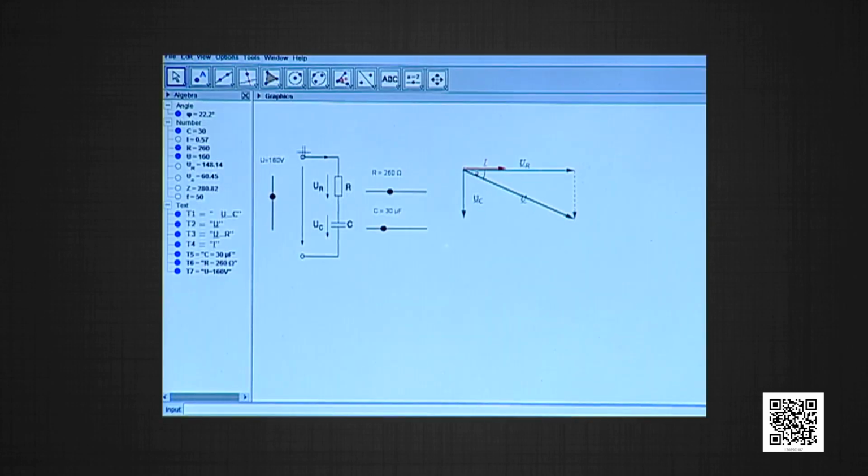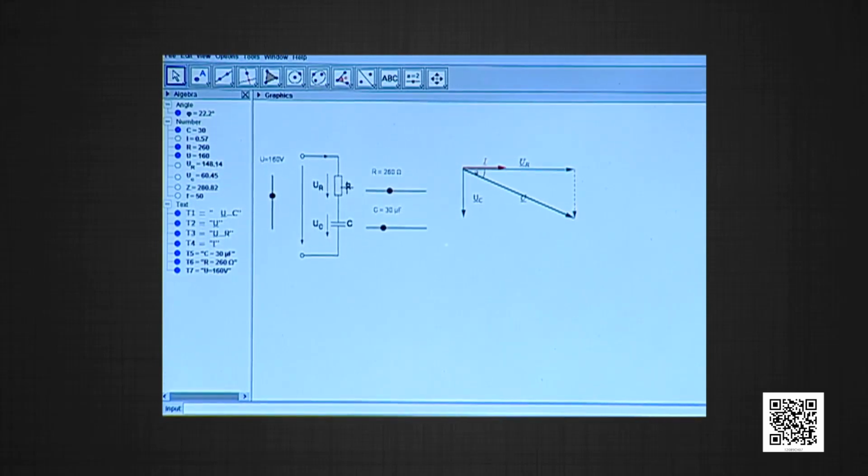Here we will see how alternating current varies across R and C when they are in series. We have given two buttons here in this file. If we change the value of R, you can see how this phasor diagram changes, or this vector representation shows how the values of I and V change.